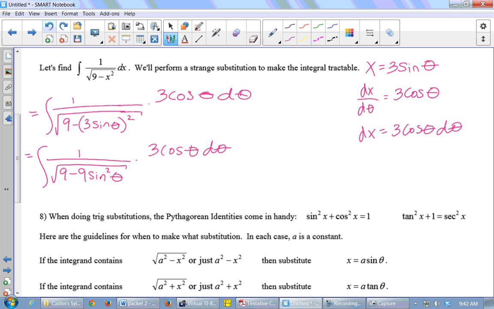But the choice of 3 sine theta was due to the form of the denominator, because I was hoping I could use a trig identity, a Pythagorean trig identity, along with the cancellation to get the dx out of there also. So the 9 is what gave me the 3. I took the square root of it. And then the minus x squared is what tells me sine theta, because I am going to rewrite as a 1 minus sine squared.